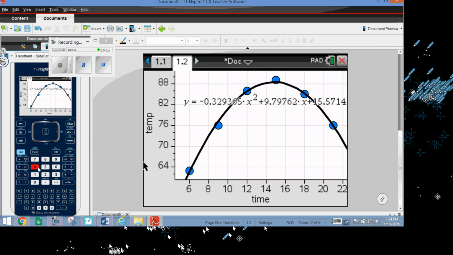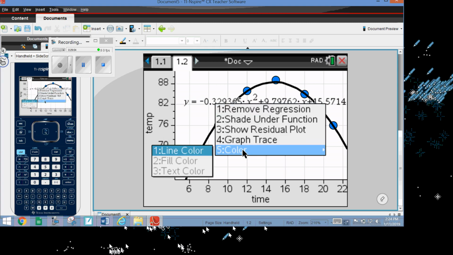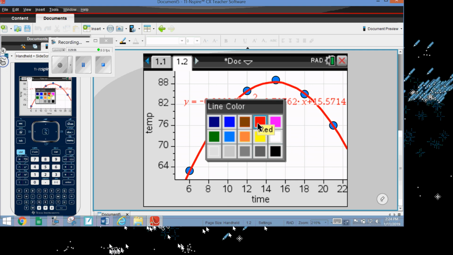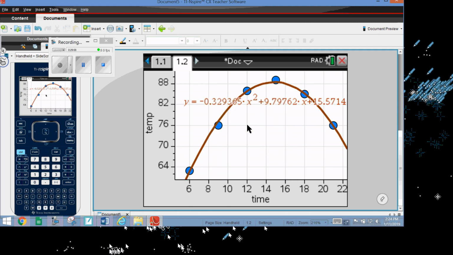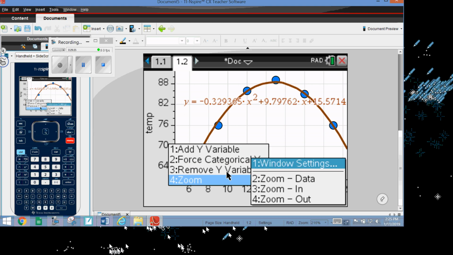Menu 464. And then I bet you're going to have to change the color. Lauren knows how to change the color. Really? You told me? Wow.